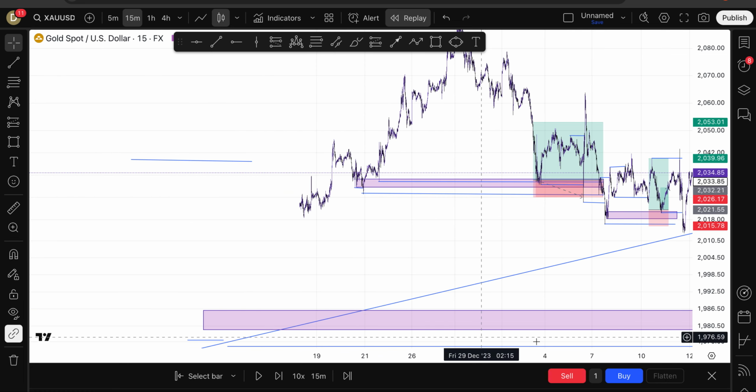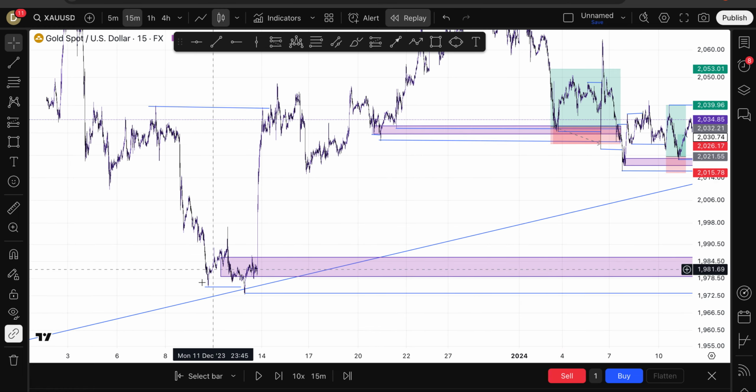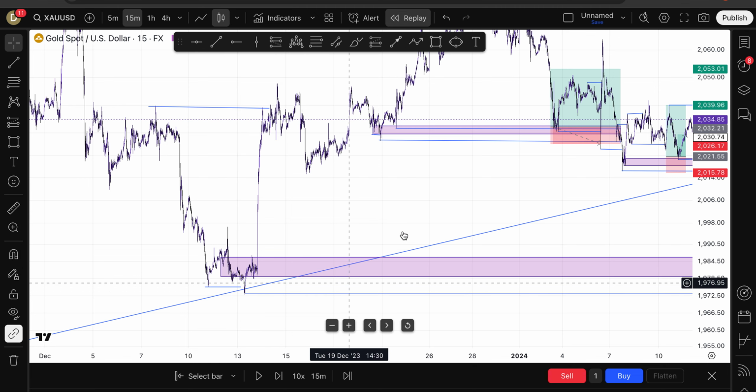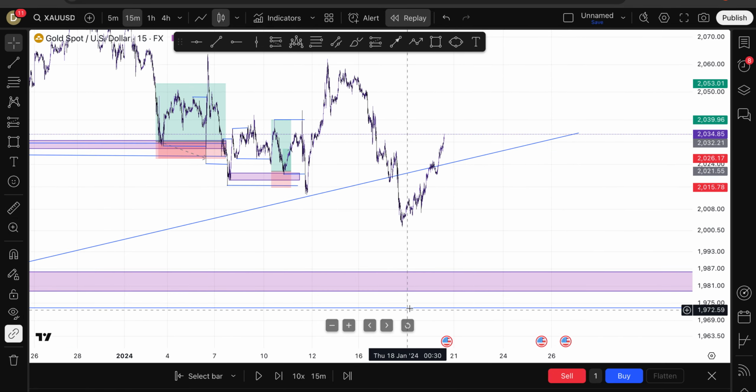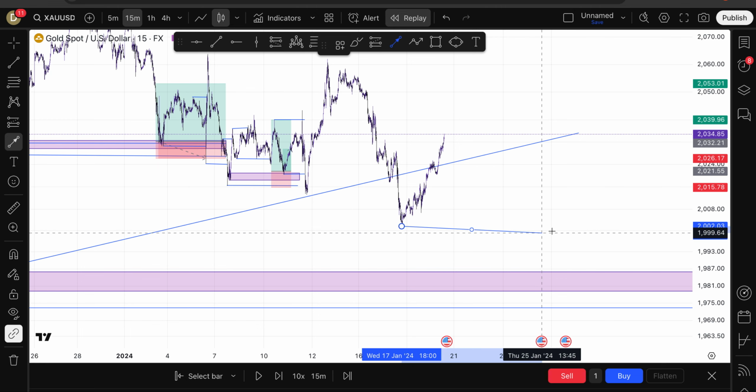Sorry guys. Okay, this is a very clear structural liquidity sweep, if you can see. So this has become a clear structural liquidity for me.